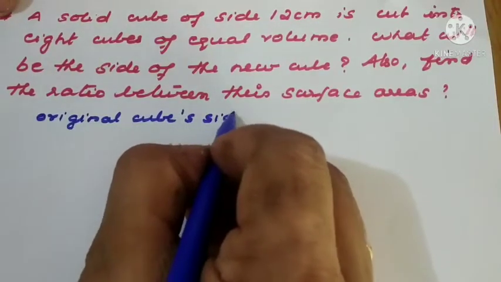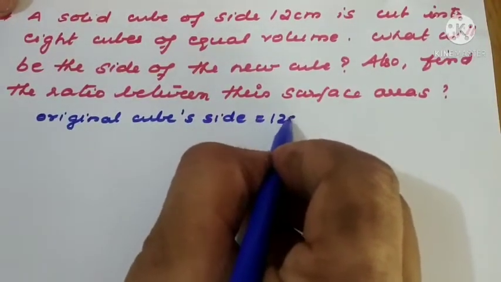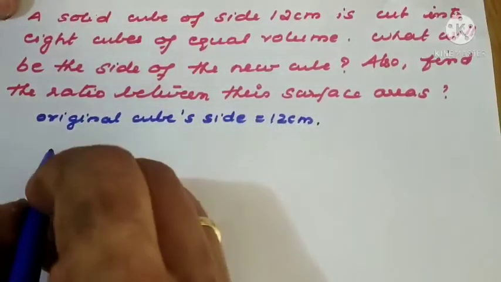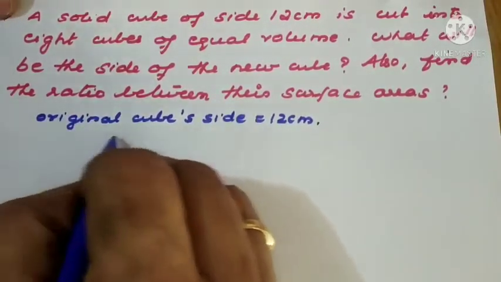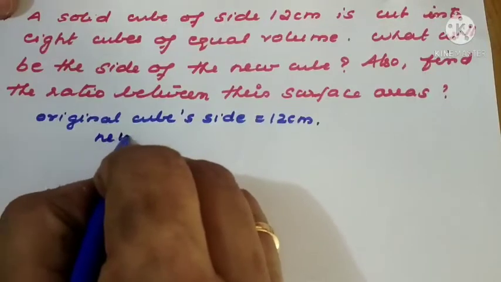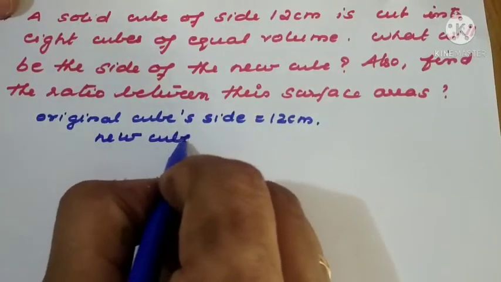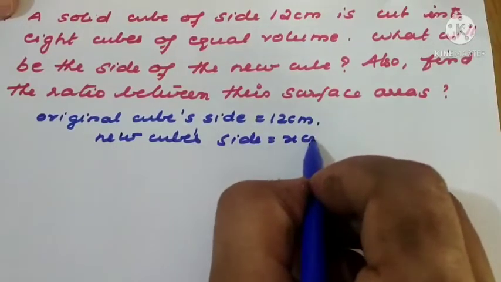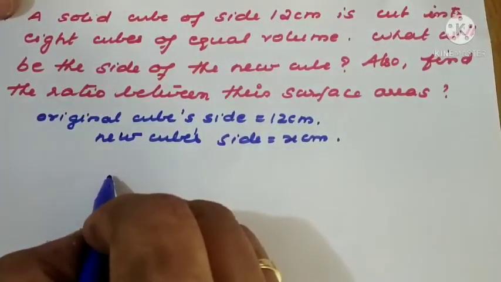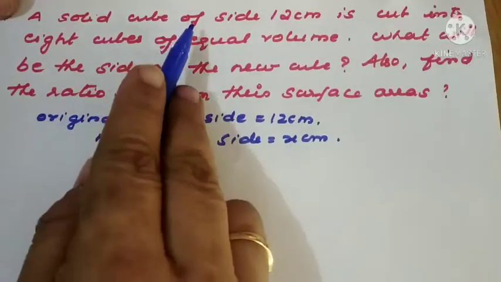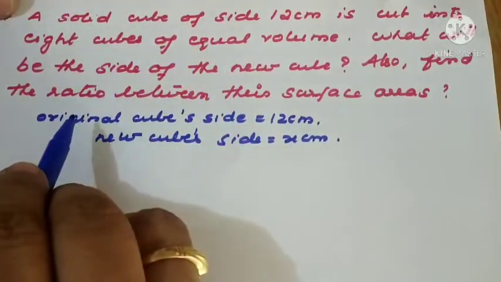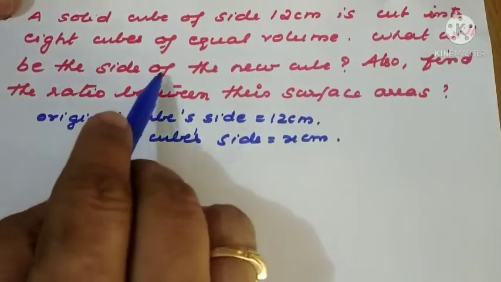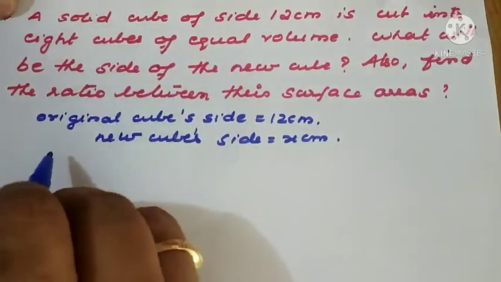Side equal to 12 centimeter. The new cube's side equal to x centimeter. Now they cut it into 8 cubes of equal volume, so the volumes are equal.